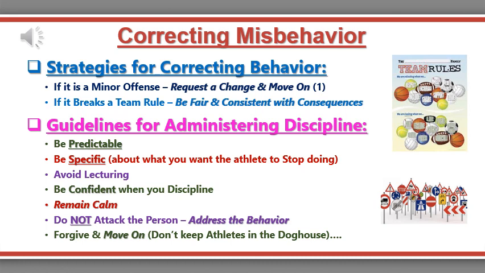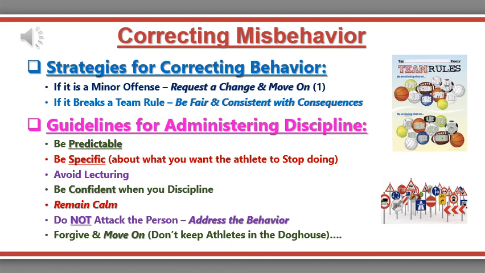Be fair and consistent with your consequence. Escalate it if you need to, all right? But be fair and consistent, provide that consequence. Make sure you're trying to find the underlying cause of the misbehavior. Try to find a plan to correct it, but provide that consequence and be fair and consistent.